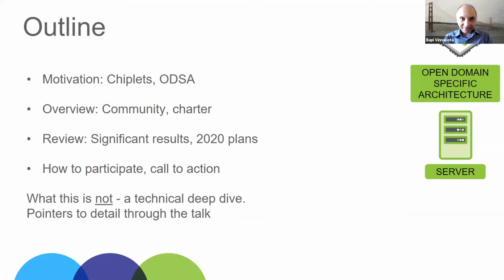This isn't a really detailed technical deep dive. Through the slides, you'll see pointers to the source material for the slide. One of the things that we've done well as a group is produce an enormous amount of technical content, and you'll have pointers through the talk and at the end of the talk as well.